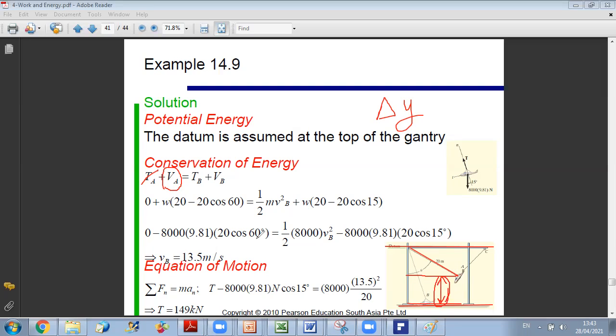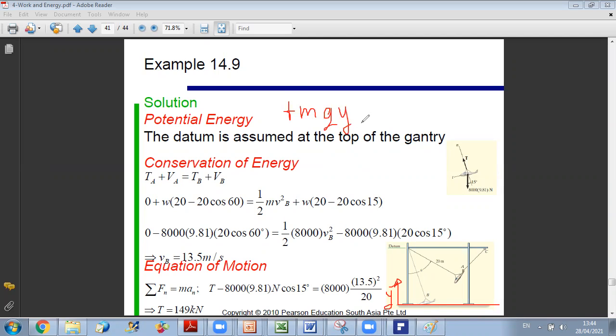Now let us say we take the reference here, the floor. If we take the floor as a reference, and we take y upward, the potential energy is plus mg times y.